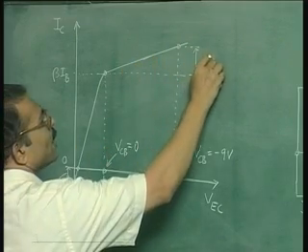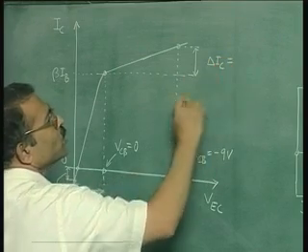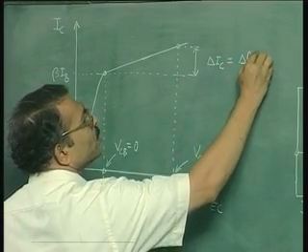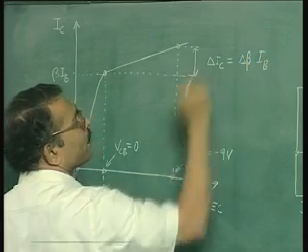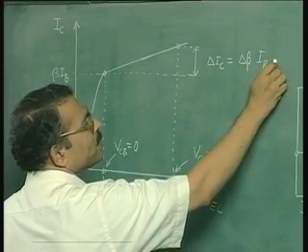So, this is your delta IC, which is equal to delta beta into IB. We are neglecting the contribution because of IC naught.